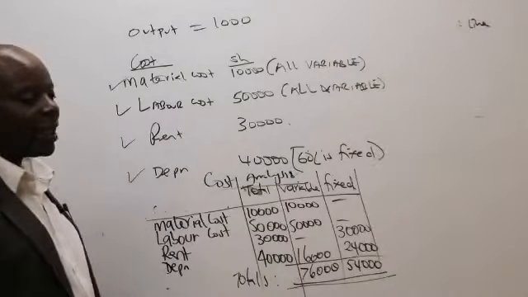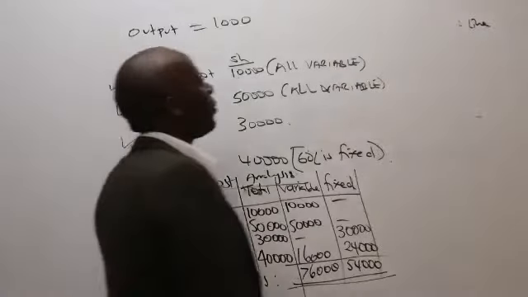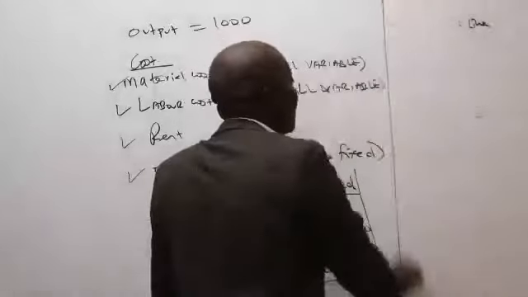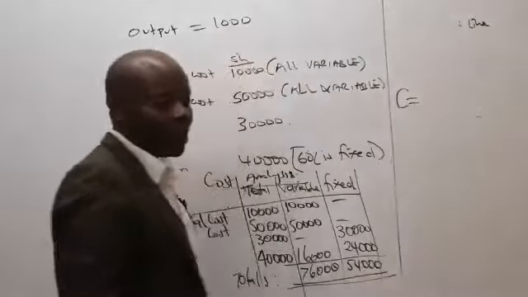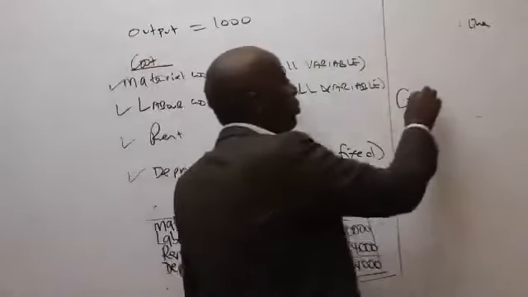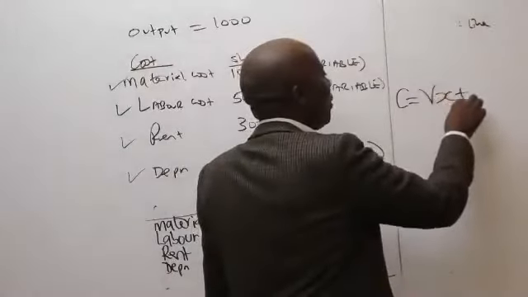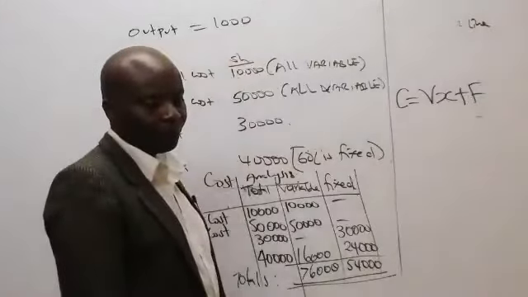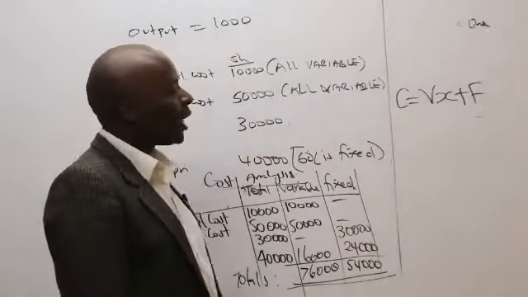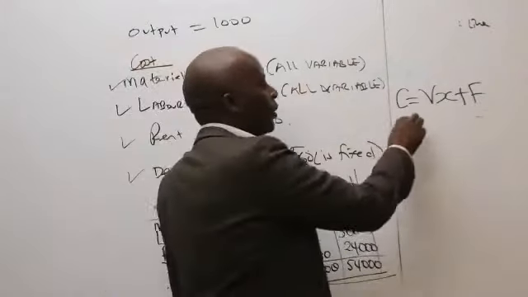Now, once I get that, ladies and gentlemen, the very first thing I'm supposed to remember is that account analysis method is supposed to generate equations of this form: C is supposed to be equal to Vx plus F. I do not have a problem with fixed cost.